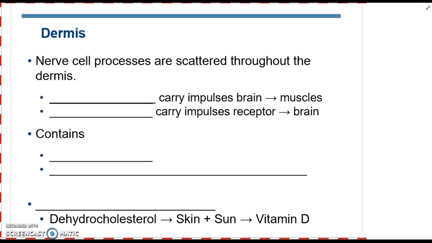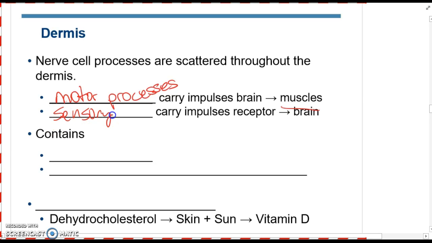So now we're with the dermis. When it says nerve cell processes are scattered throughout the dermis, think of motor processes. These are carrying impulses to the brain, and those are what would actually move the muscles. Like, oh, I touched something hot, I need to move. The next thing, sensory processes.